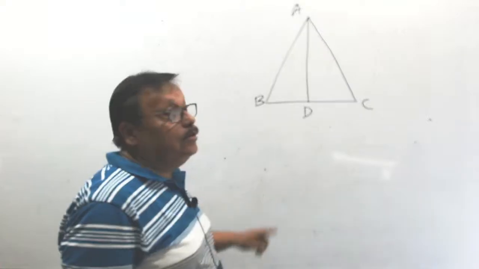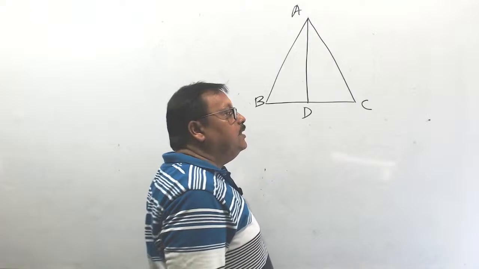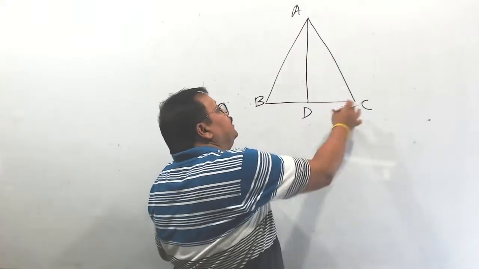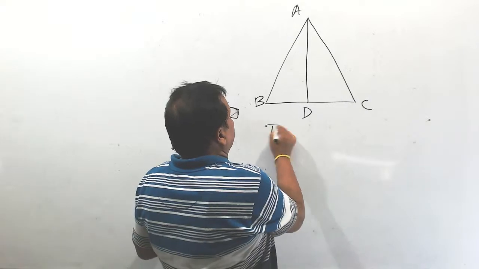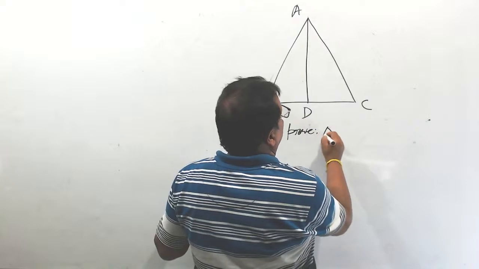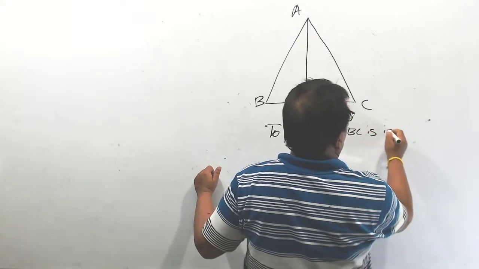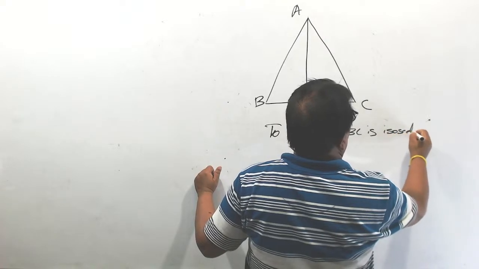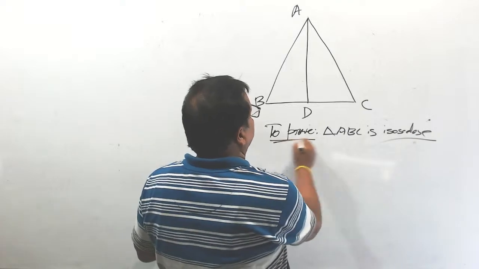So what are the conditions given here? You have to prove triangle ABC is isosceles. To prove, triangle ABC is isosceles.